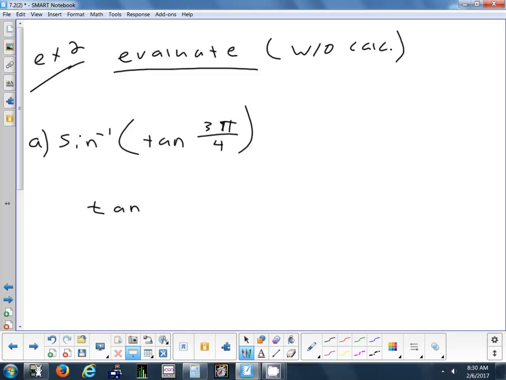Yep, Alex. Multiplied by what? Yes, multiplied by 180 over pi. So if I do this out, 3 pi over 4 radians is going to give me how much in degrees?